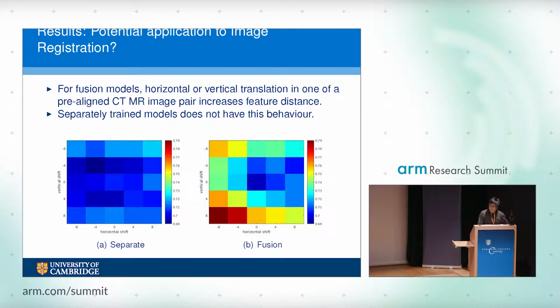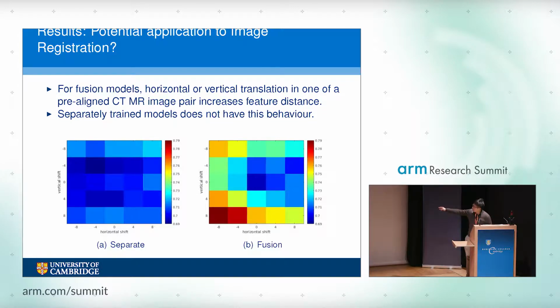We also observed some other interesting behavior. We have a pre-aligned CT and MR image pair. That means it's the same area of the aorta, and we tried to register them together into a close position. If we then manually shift one of the images horizontally or vertically, it will actually increase the feature distance.